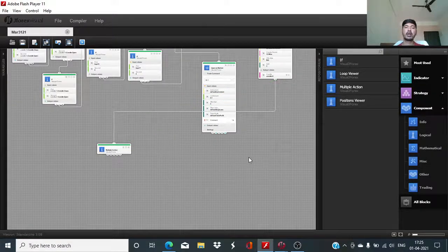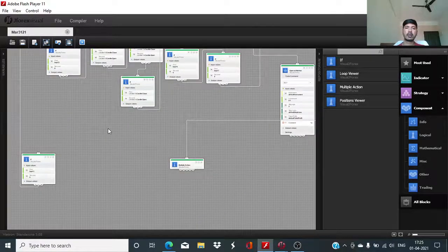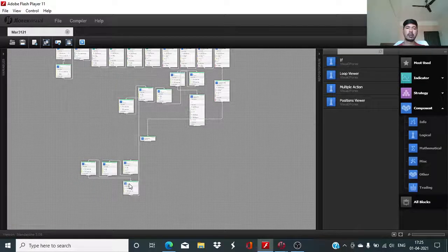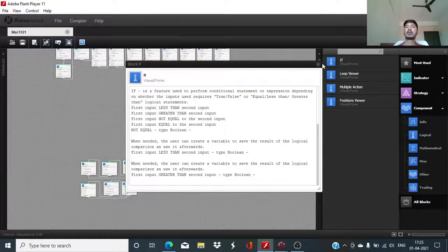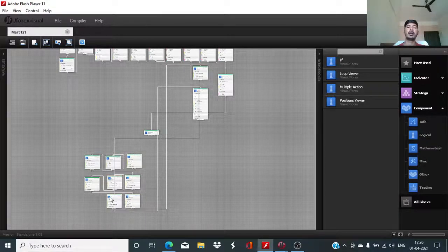For the time being, we will join this multiple action, and then all in all, we need 9 conditions to be fulfilled for the execution of the buy trade.